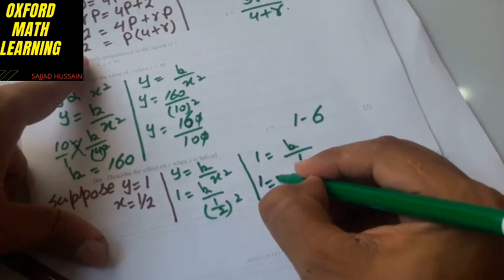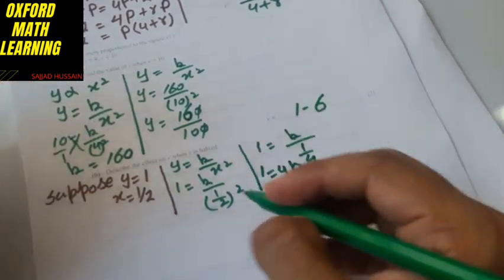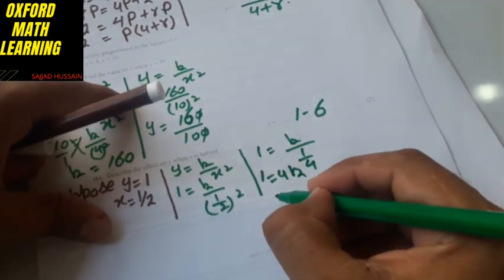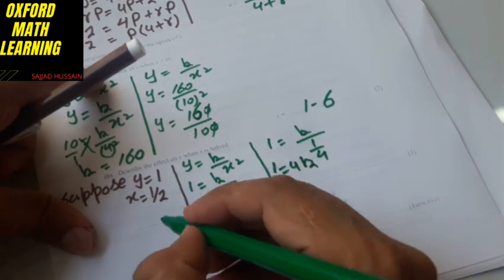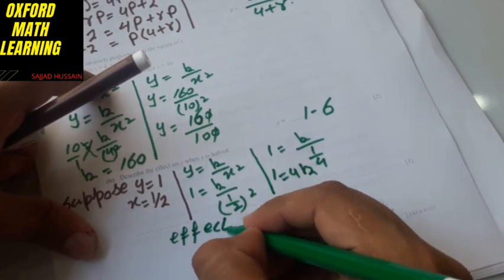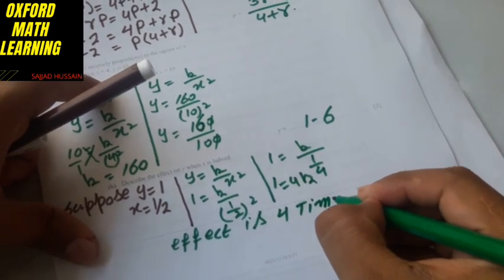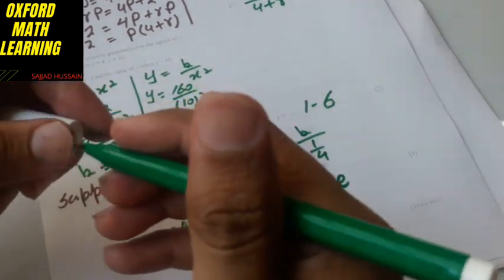So 1 is equal to 4 into k. So the effect is 4 times. You can write, describe the effect: it is 4 times.